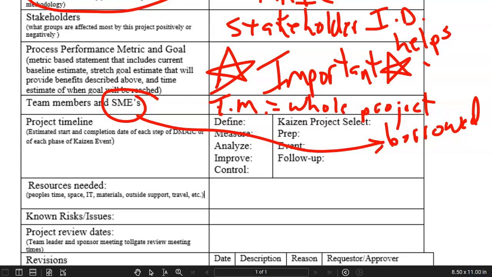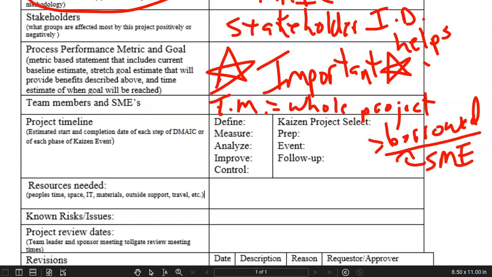I'd love to have them as a team member. Frequently, I can't get them because they're busy on other initiatives. So I call them out as being a needed borrowed resource. And if we can't get them during the time period specified, it's going to slow down the project. So SMEs, those individuals and groups of people that are going to be borrowed for particular activities.